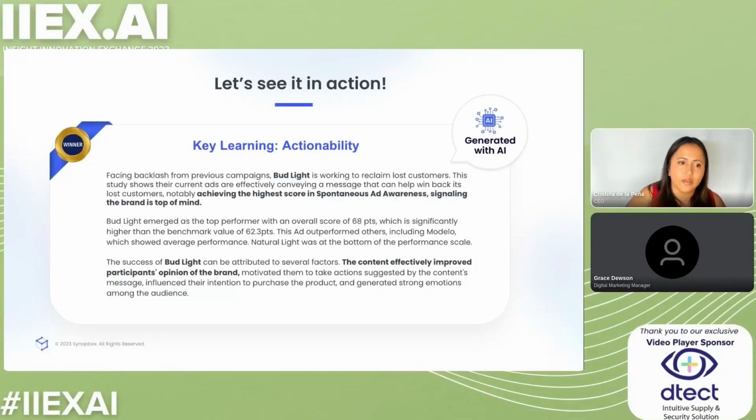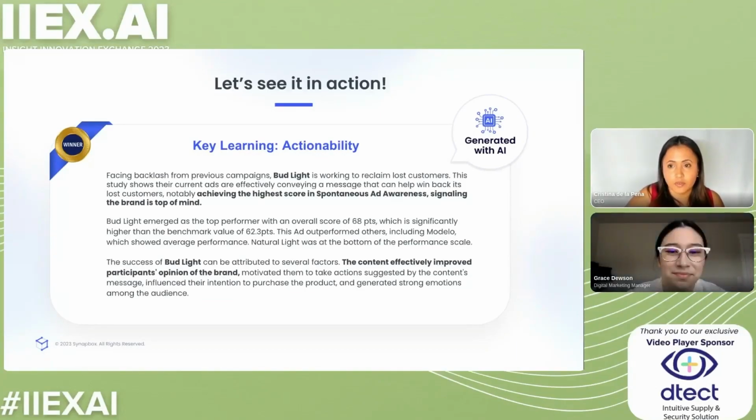I'm going to leave it here. If you want to read it, it's very impressive. It's even capable of understanding the context of what's going on with the brand. And it's telling us basically that despite everything that's going on, ad awareness for Bud Light is still high, even more than the other 10 brands tested, right? And even though it is hurting right now, it may come back. So this is pretty impressive.